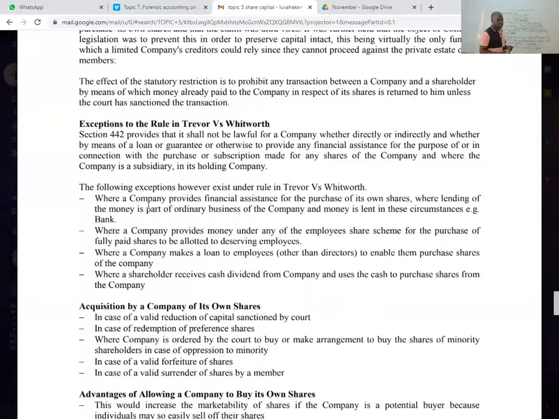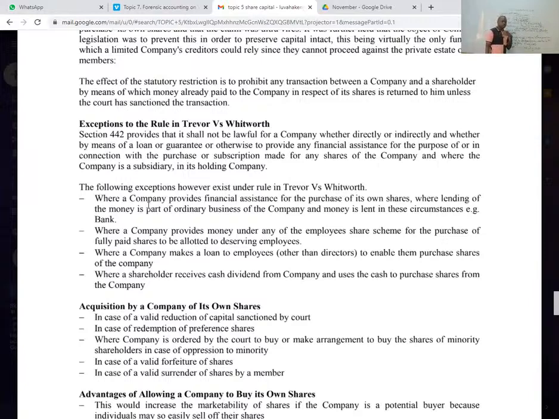Then number two, where a company provides money under any employee share scheme for the purchase of fully paid shares to be allotted to deserving employees. So maybe the company has some packages it has given to its employees. If you perform so well, they can give you some amount of money, and you buy the shares of the company.